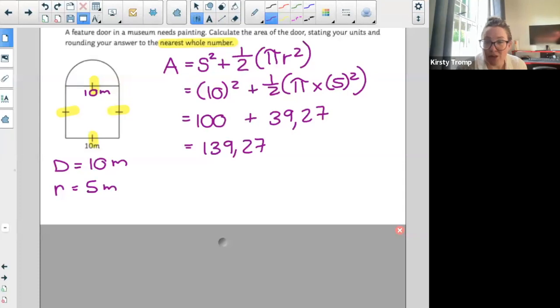Okay, what do we need to do? We need to round off to the nearest whole number. So it's going to be 139 meters squared.